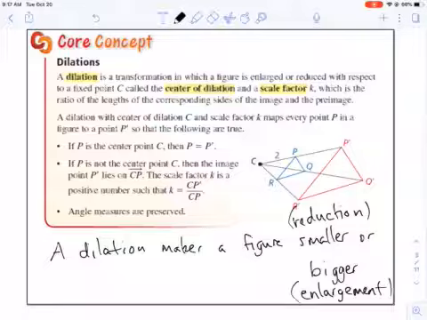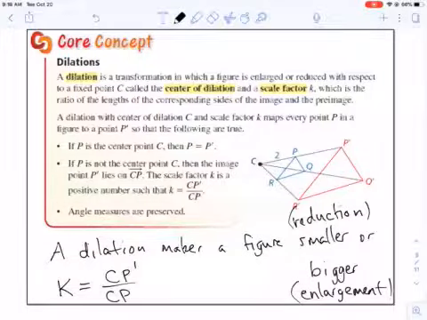Now, there's a nice formula we use to find our scale factor, because our scale factor tells us if the picture is going to get bigger or smaller. The formula for scale factor is K equals CP prime over CP. That might not mean anything to you right now, but it will in a little bit.